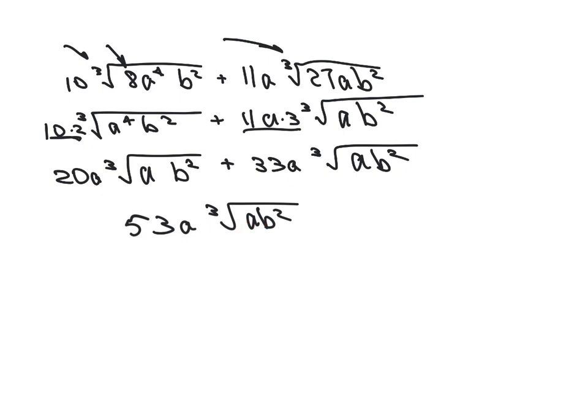So one more, example 5, and we will be done with this lesson. So we have the square root of 3 over 2 plus 1 over the square root of 3. So, of course, the book's going to do it a little bit differently than me, but that's okay. So this one is fine.